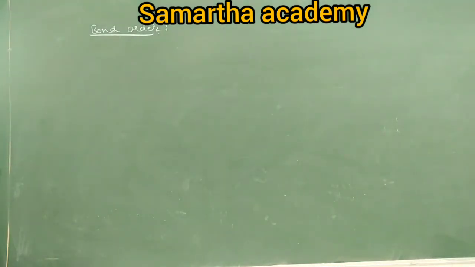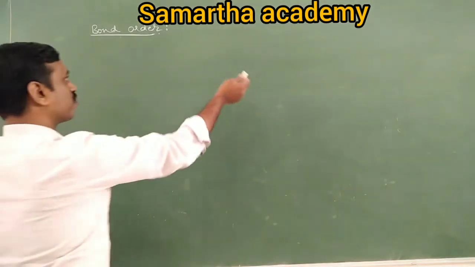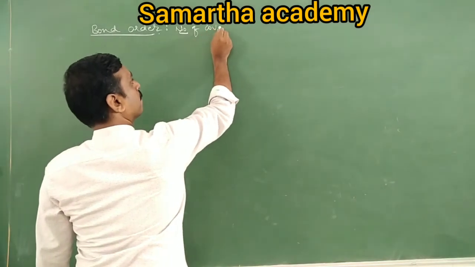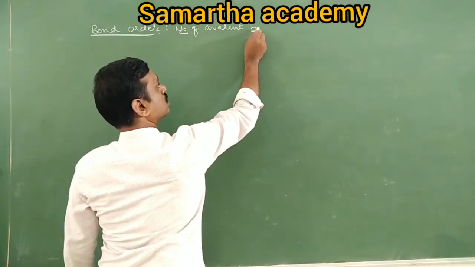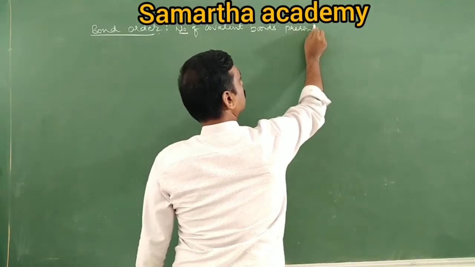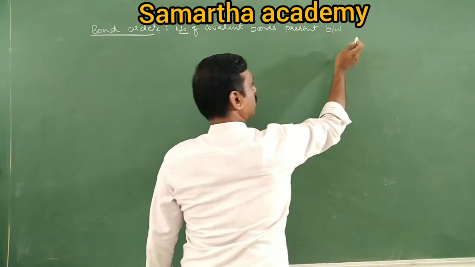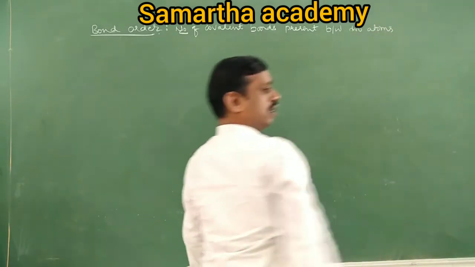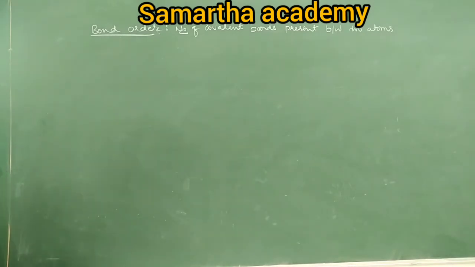Bond order is nothing but the number of covalent bonds present between two atoms.